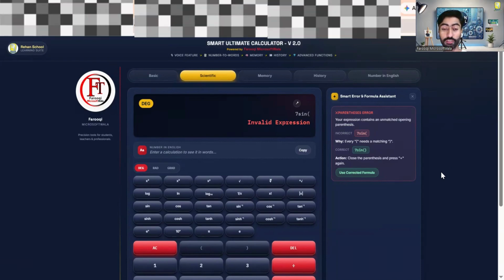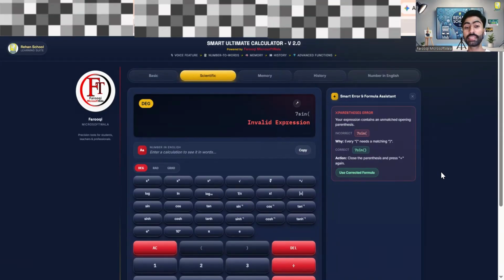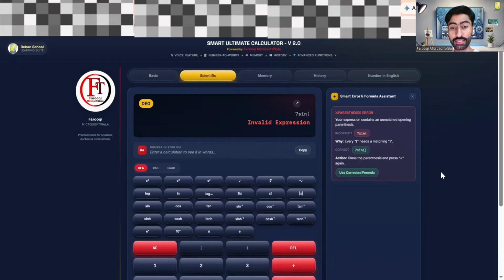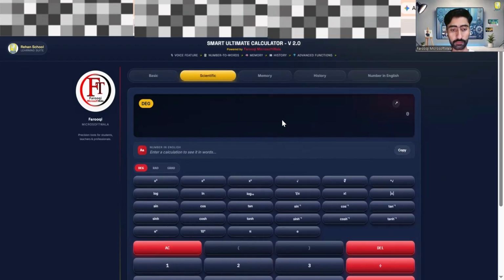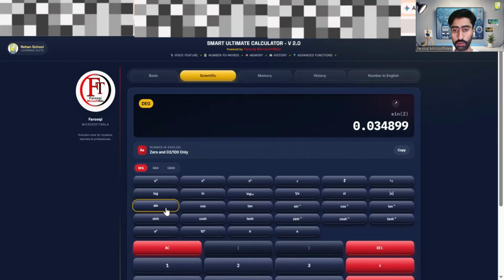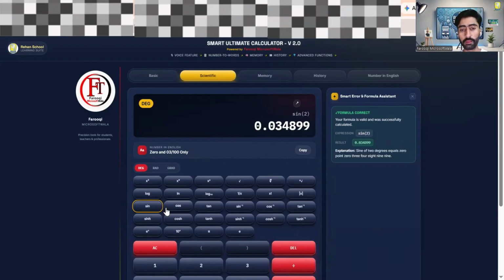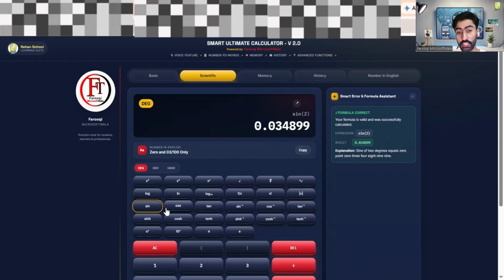So our advanced feature also indicates that our formula is incorrect and also indicates how our formula can be corrected. The correct formula is, all clear, sine of 2 degrees equals 0.034899. Now you can see that the function is very simple and easy to use.